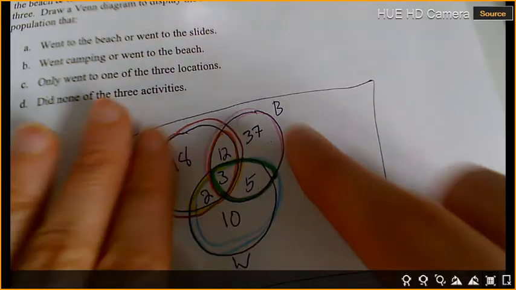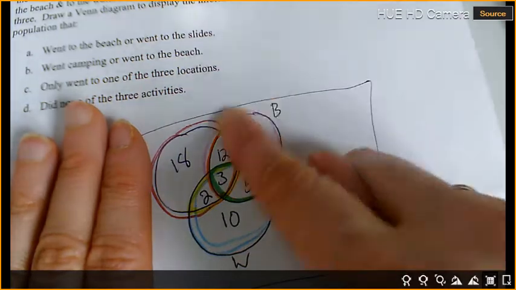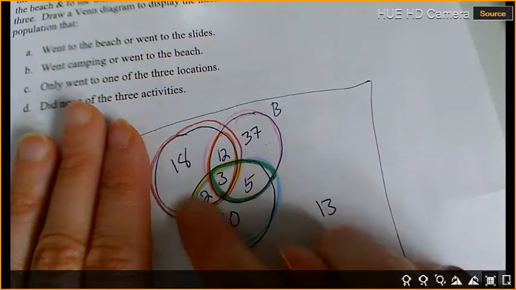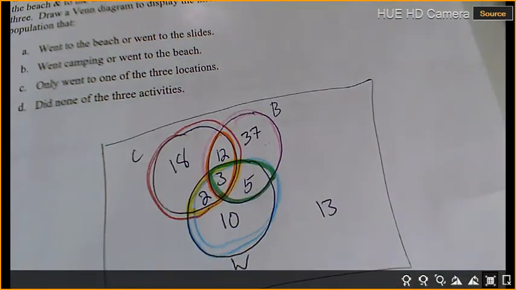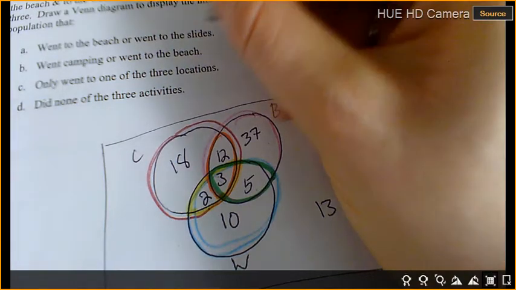So I added all of the beach. I added all of the water slide. So I added 37 plus 12 plus 3 plus 5 plus 10 plus 2. Right? And I'm going to get 69%.